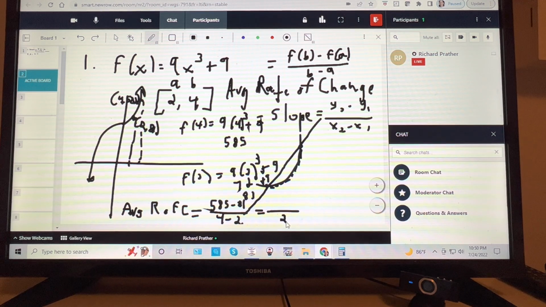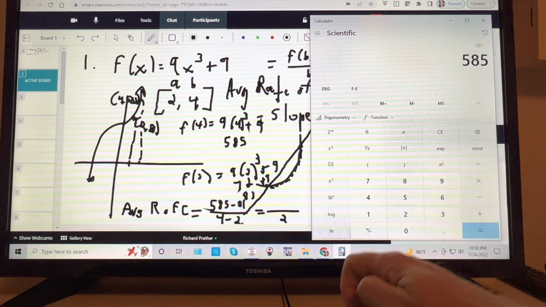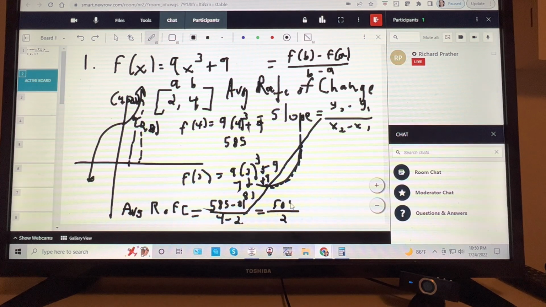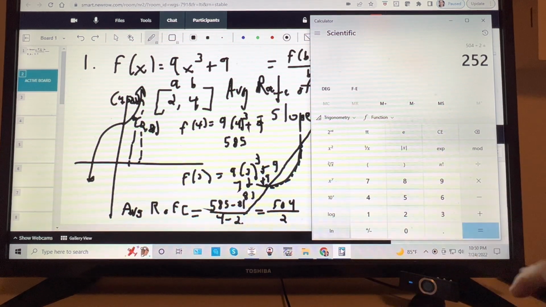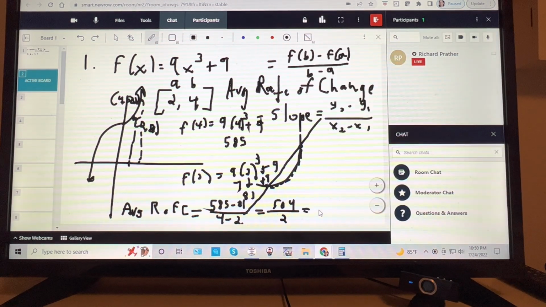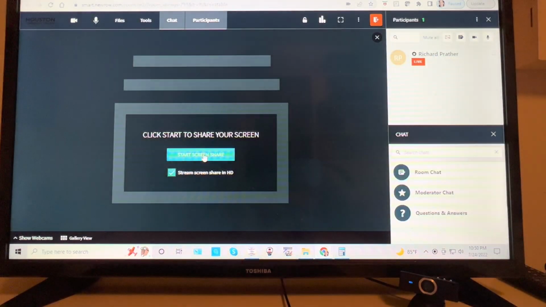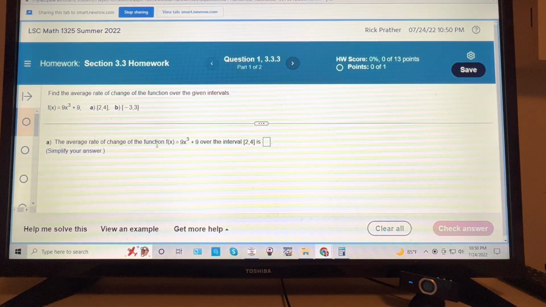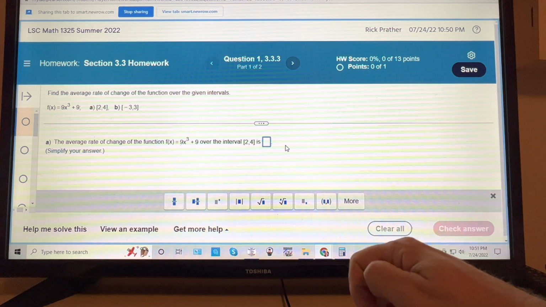And the denominators are usually easy, as whatever you subtract the given interval to be. 585 minus 81 is 504. Divided by 2 is 252. So again, some of those slopes are more steep than others, but it would average out to 252. The average rate of change over the interval 2 to 4 is 252.